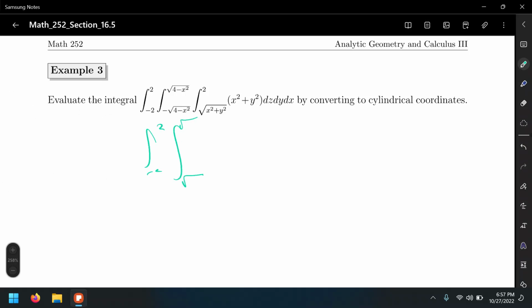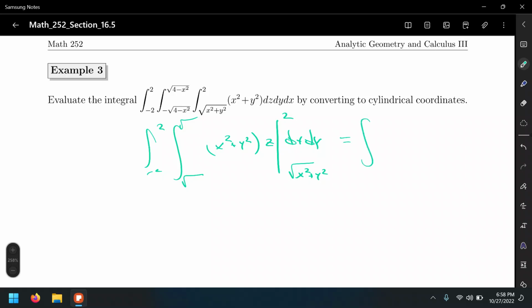The integral of x squared plus y squared with respect to z, that's x squared plus y squared times z, dy dx evaluated from this radical to 2. When you do upper limit minus lower limit, check what we're going to get.